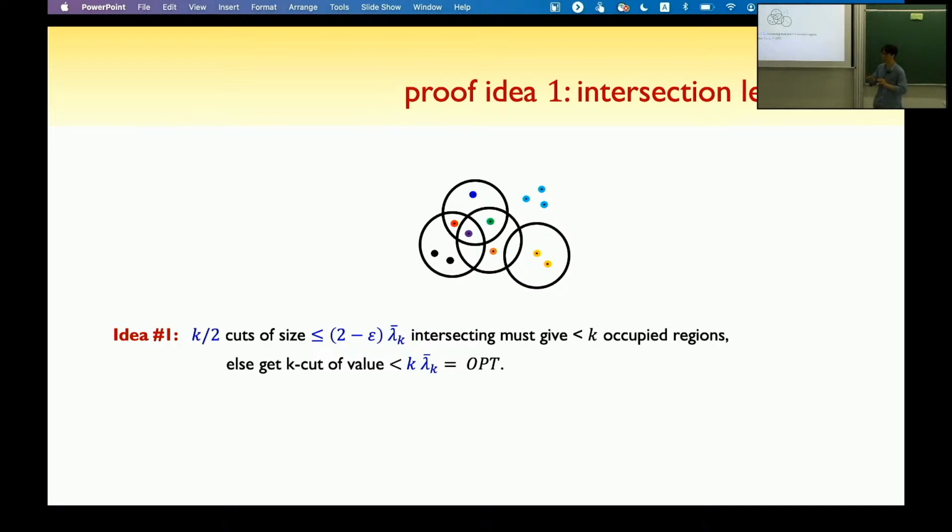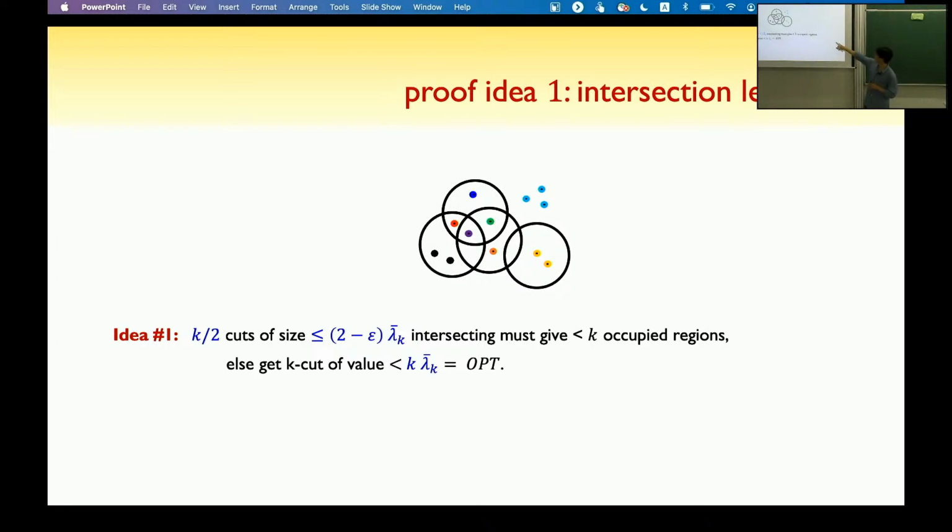Then we reach our contradiction. Imagine the set of edges that corresponds to any of these k over 2 cuts. If you delete all these edges crossing the k over 2 cuts, we separate each occupied region from one another.